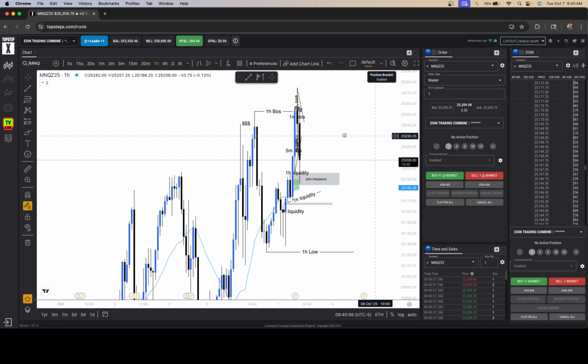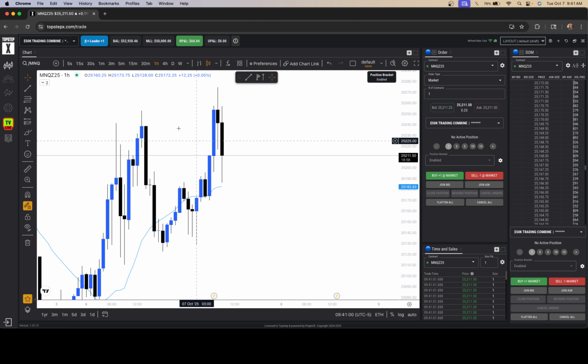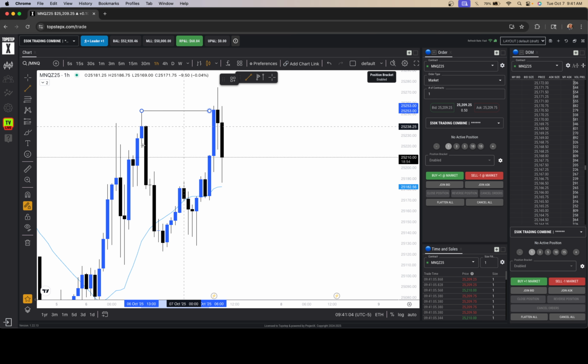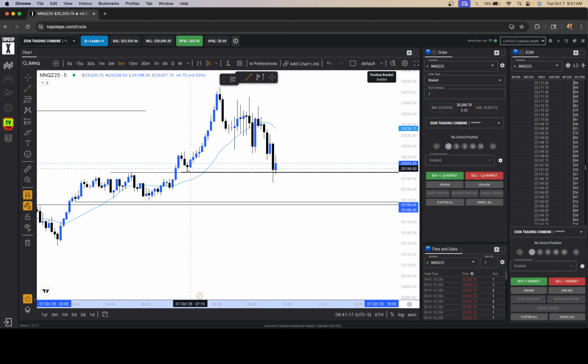Let's kind of get rid of a lot of this price action right now. We know overall, like I said, we are bullish. I do expect some buys to come out of one of these zones right here. We're now sweeping the lows. We're now bearish on the 5-minute.